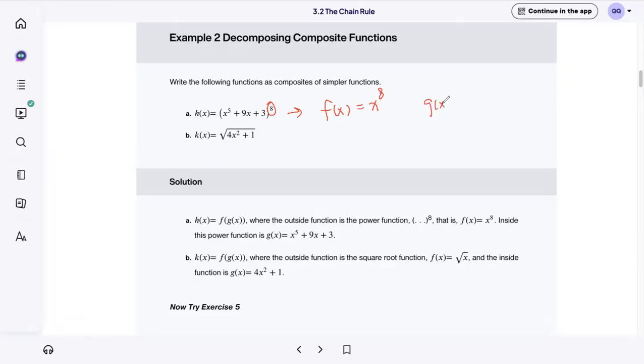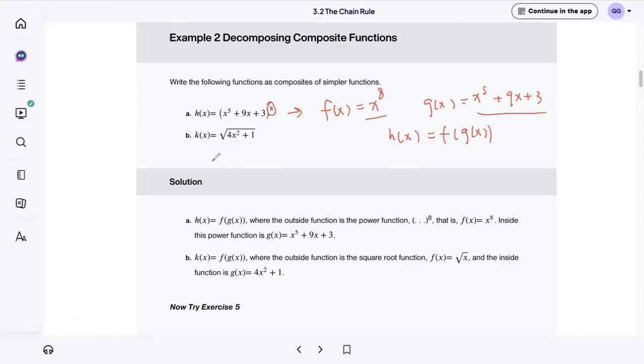And g of x is x raised to 5 plus 9x plus 3. Then h of x is just f composed with g. F takes g as input, then raises the input to 8.